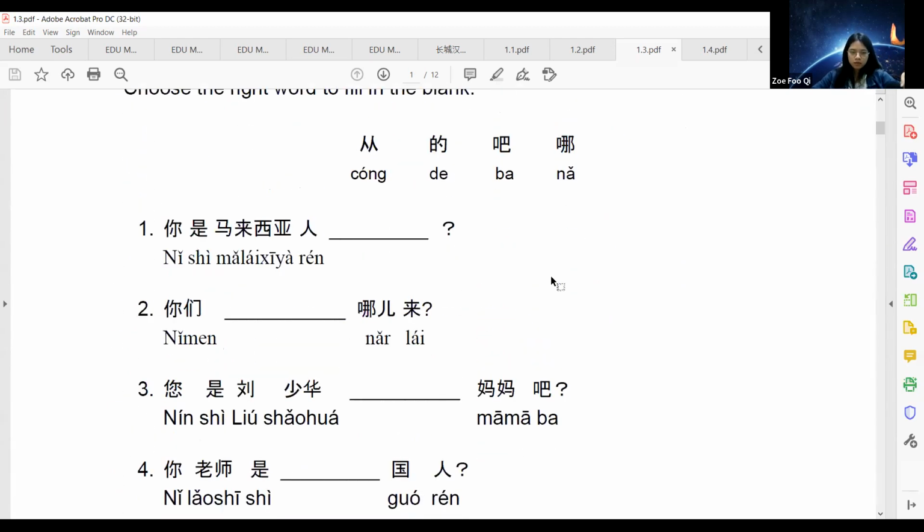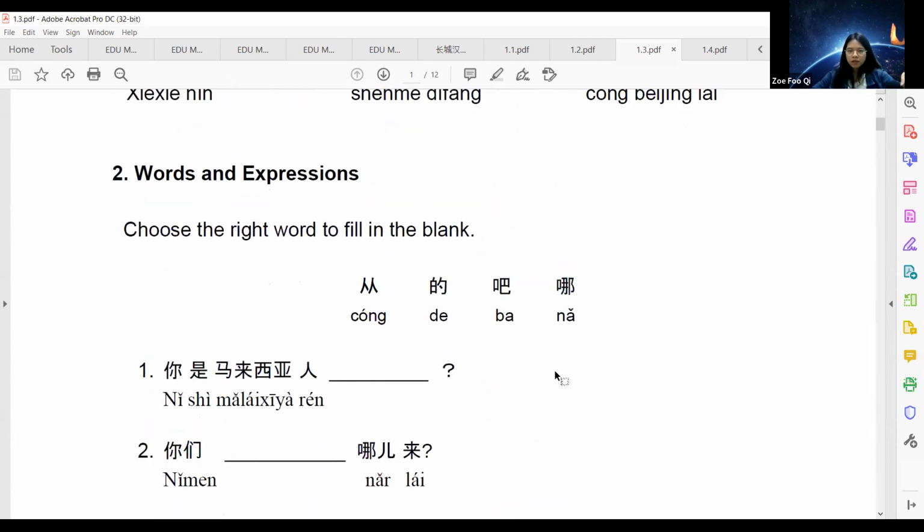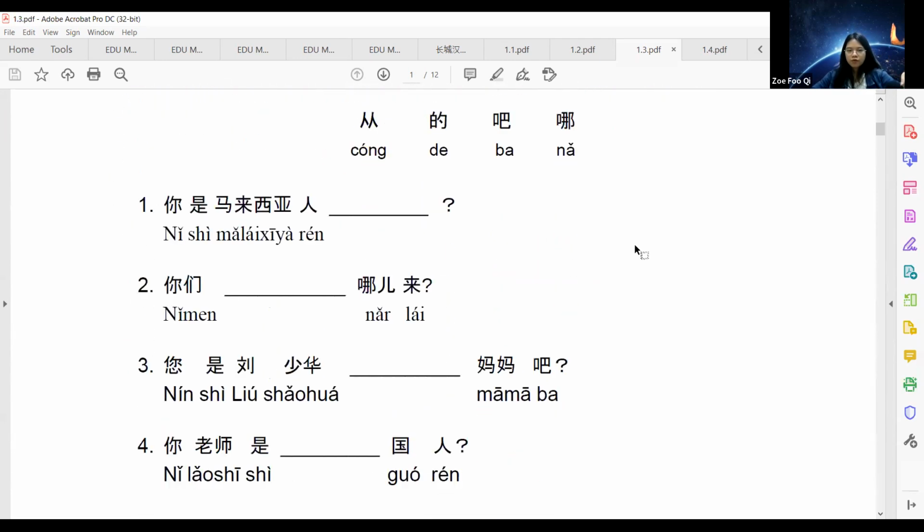Okay. Then let us try with this one. 1, 2, 3, 4. Okay, the first question we should put 吧. Good. So 你是马来西亚人吧 Correct. So this one is already done.